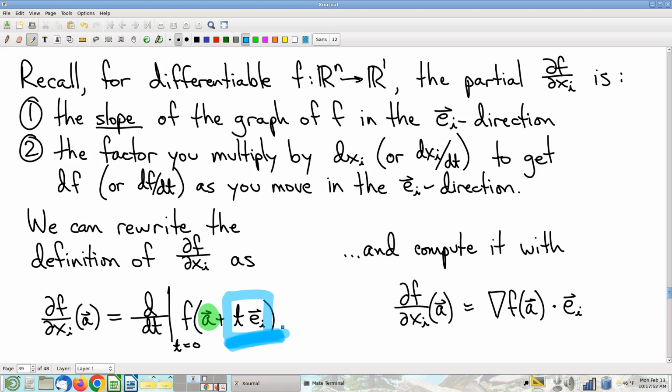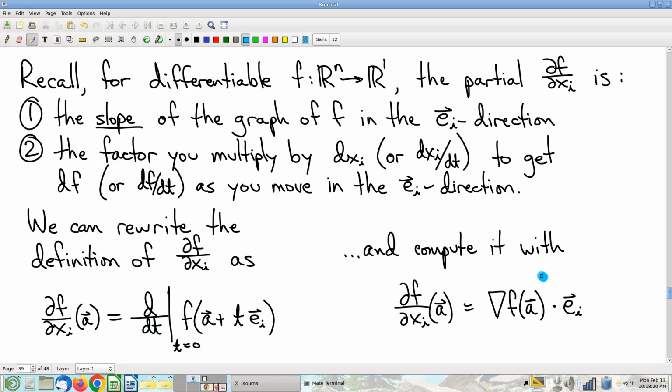Adding this doesn't change it, all but the ith coordinates stay constant. And then I am going to take the derivative with respect to t, but t is how I changed that ith coordinate. So this is a plain old regular single variable derivative as you change that one coordinate. So anyway, this is just an alternative point of view on how to define partial derivative.